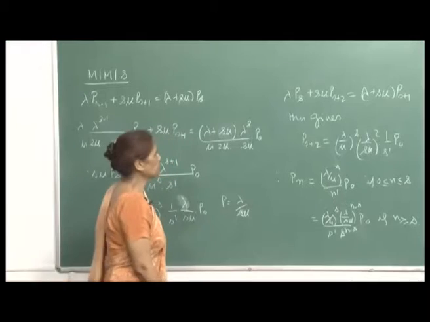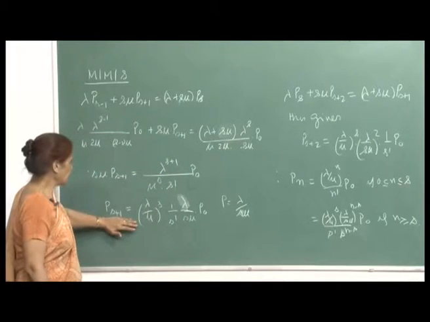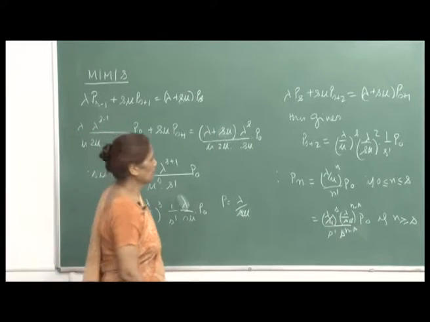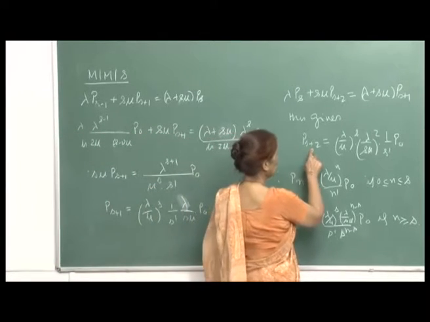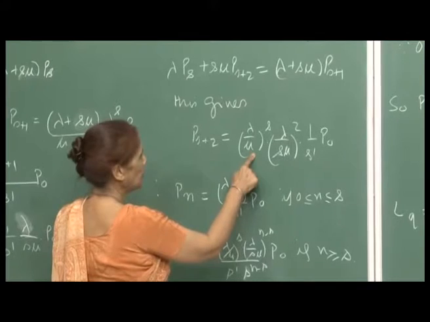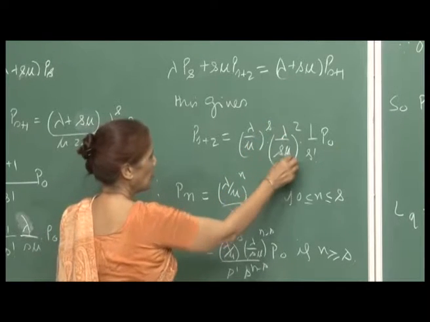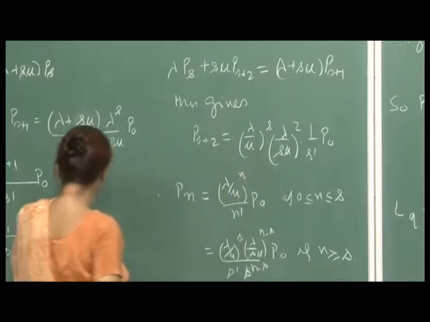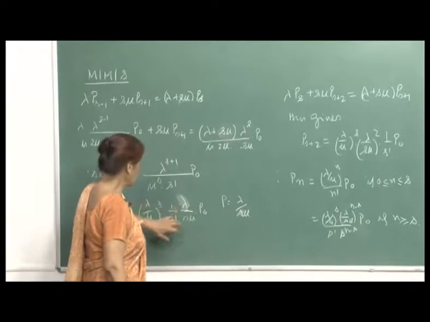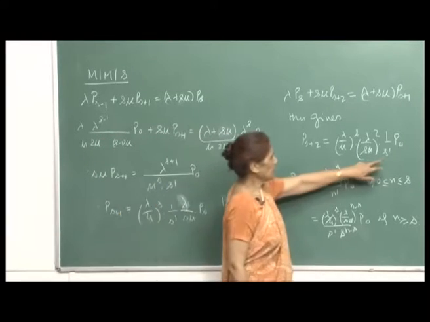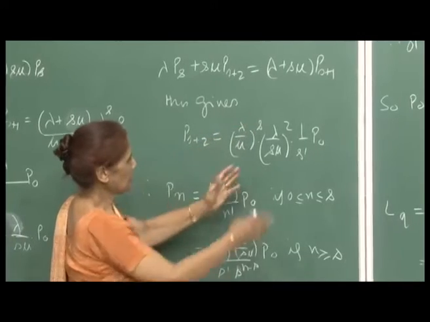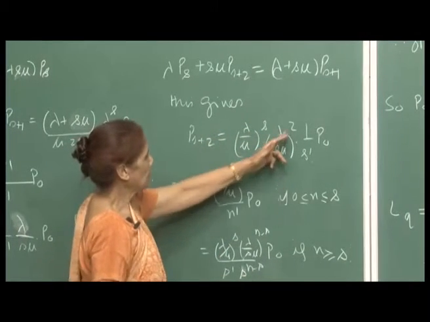Again when you substitute for Ps and P(s+1) from here, you will get that P(s+2) is equal to (lambda by mu)^s into (lambda upon s mu)^2. This is the factor which goes on increasing, this remains the same. (lambda by mu)^s over s factorial is common, and then it is (lambda by s mu) squared.